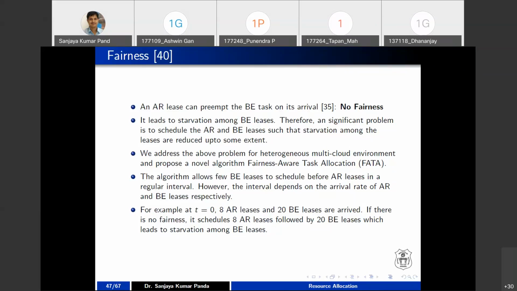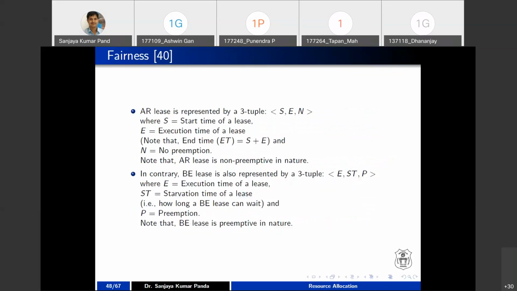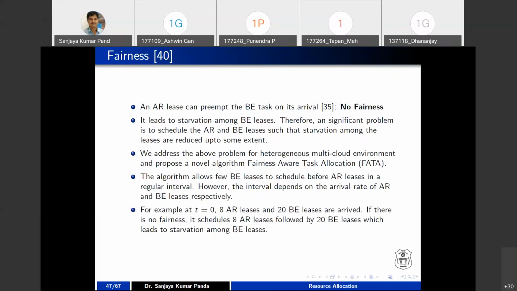If there is no fairness, you have to go through 8 AR and then 20 B leases, which leads to starvation among the best effort leases. So in order to avoid that, you have to propose or develop a new scheduling algorithm which can combat this issue.